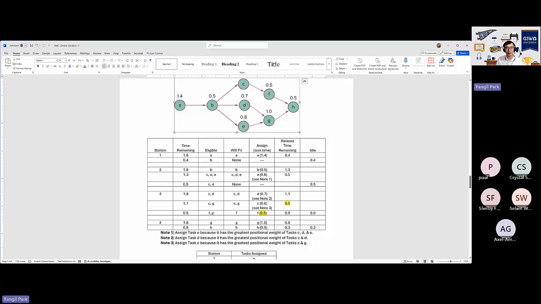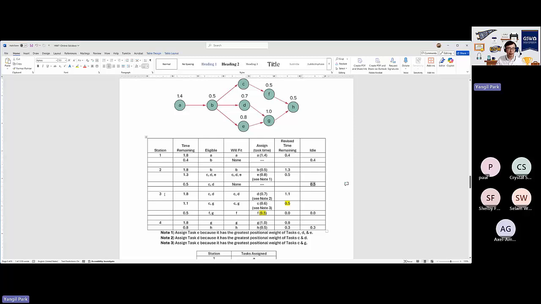That will be E, right? Because again, that will be 2.3 in terms of positional weight. C and D are much smaller than 2.3. So we assign E, then what we have is 0.5. So either C or D is larger than 0.5, so we have to put it into idle again, right?